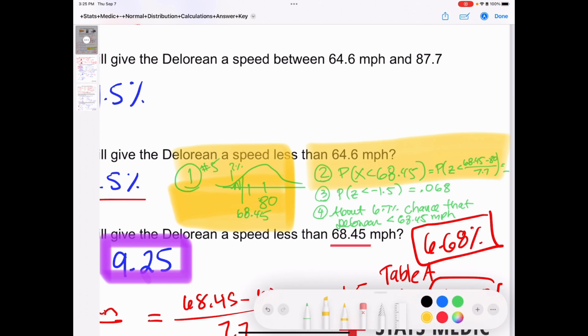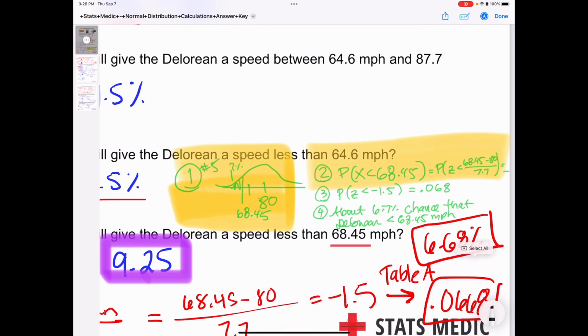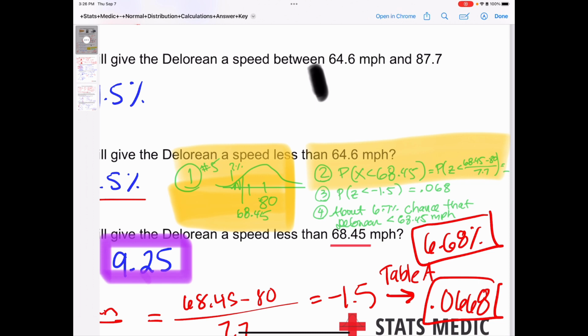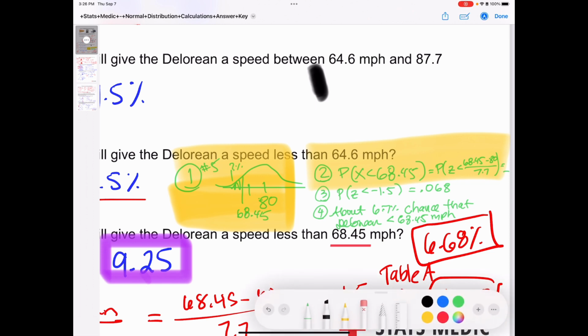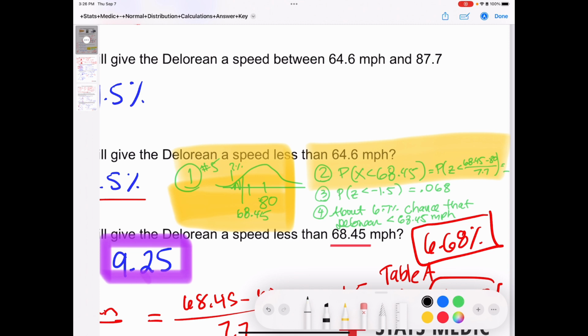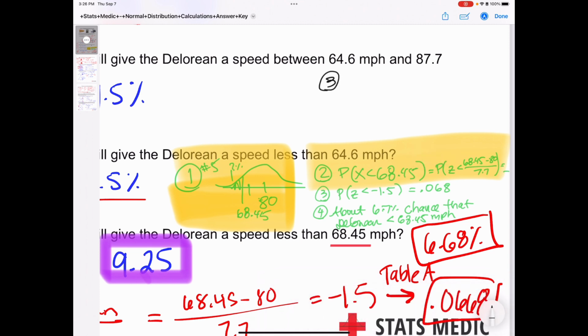So for the third step, I'm just going to go ahead and put it in black, and I'll put it here. So the third step, this is if I use a calculator.